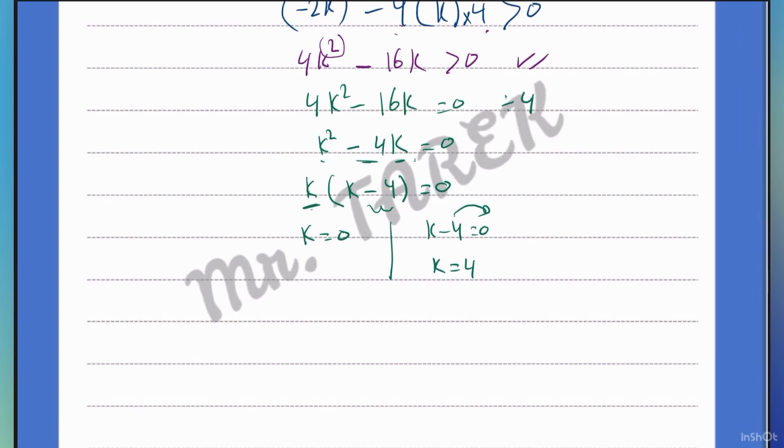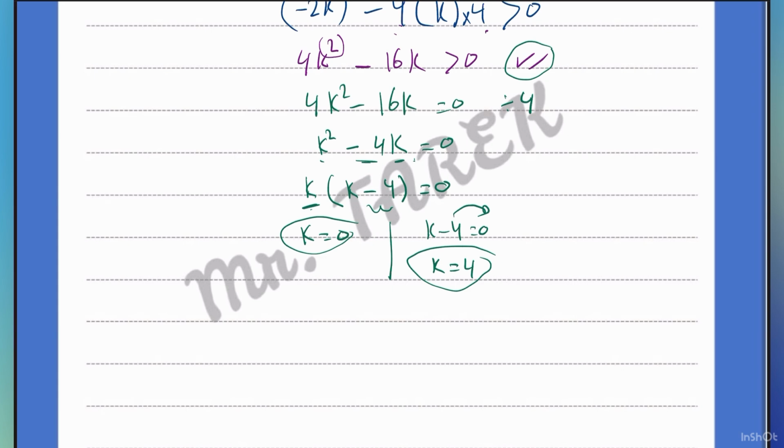Don't forget that you are solving an inequality, not an equation. That means this is not the last answer. This expression is positive, larger than 0, so I need the expression larger than 0. As you know from inequalities, that means I care about the outer intervals. How to express this?